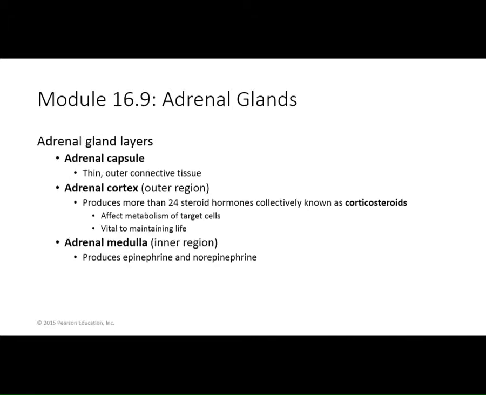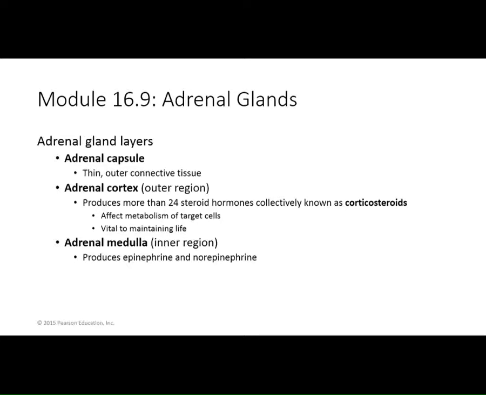Again, the layers. The outer layer, there's a little capsule, but what we really care about is the cortex, the outer region, and there are 24, 25, maybe perhaps even more steroid hormones that will be made there. They're going to be collectively called the corticosteroids. Cortico because they're coming from the cortex of the adrenal gland, right?